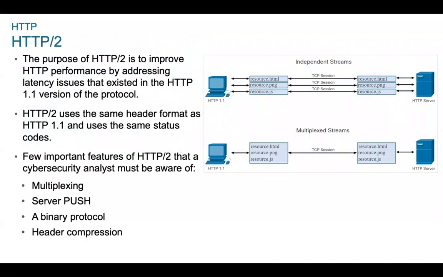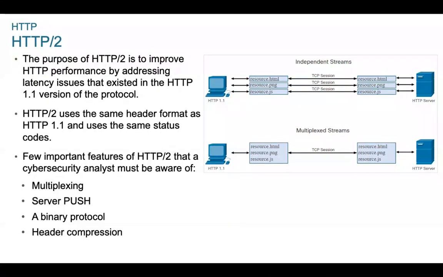HTTP/2 is a major revision to the HTTP protocol specification. The purpose of HTTP version 2 is to improve HTTP performance by addressing latency issues that exist in the HTTP version 1 protocol.